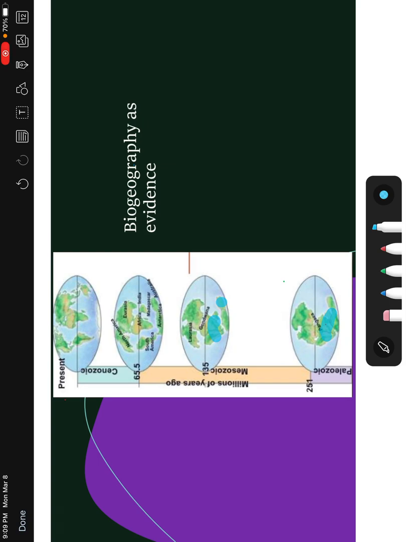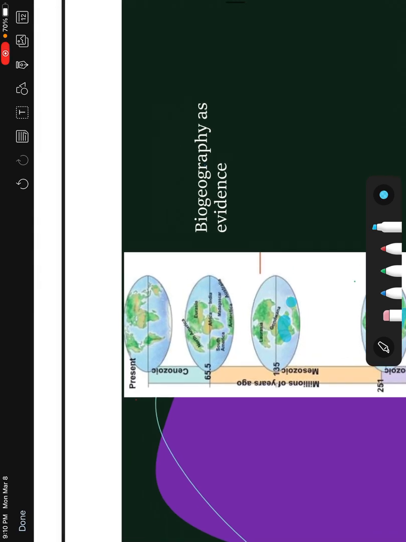So we would have this common ancestor being split apart, some of them still on the Australian continent, and some of them on the South American and the African continent. And then at the 65.5 million year mark, we have complete and total isolation of these species.